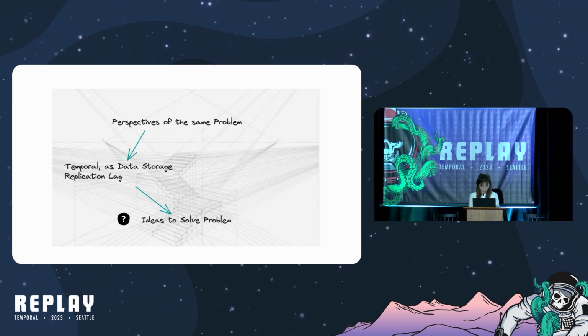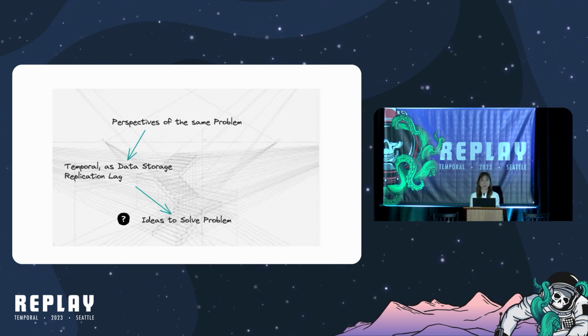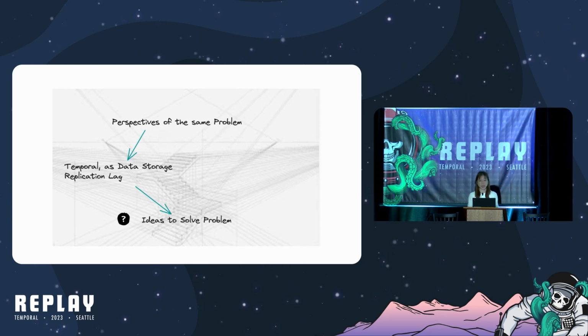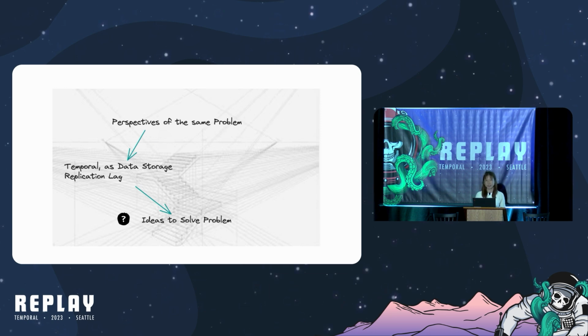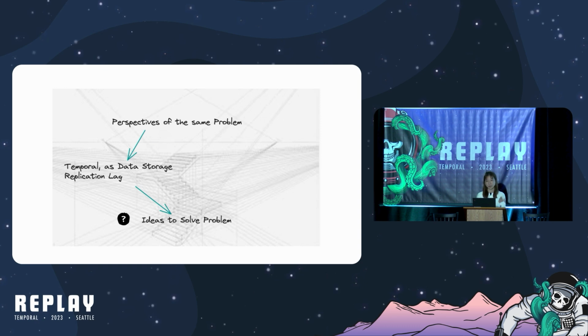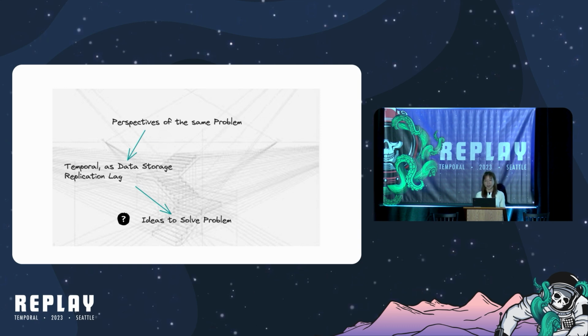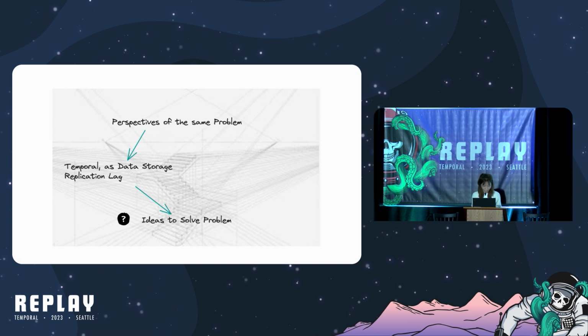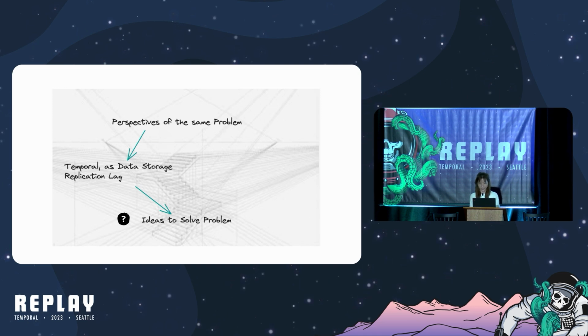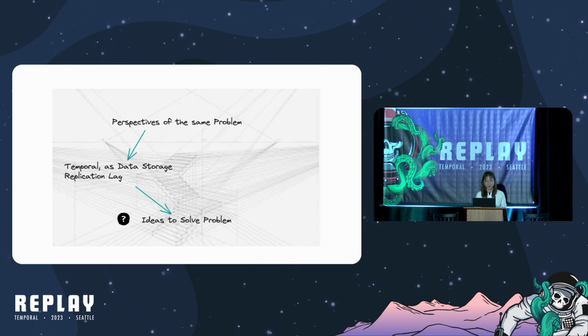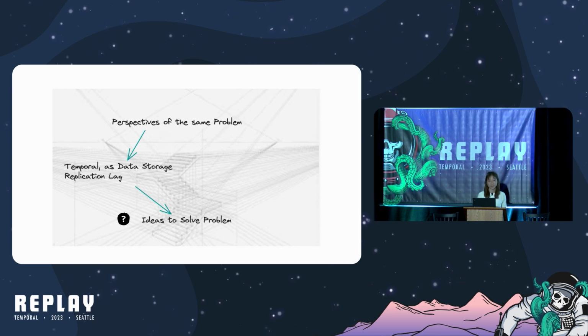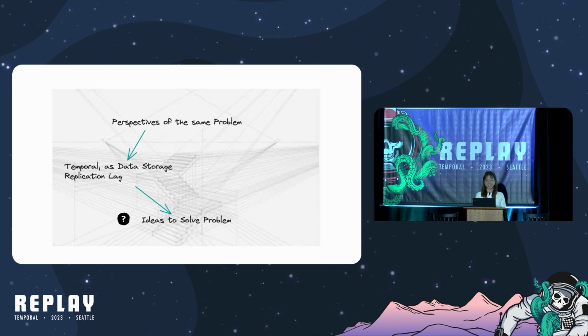So now let's work on this problem. If we have different perspectives of our architecture, we have different interpretations of our problems. And we have different solutions, and different solutions have different advantages and disadvantages.